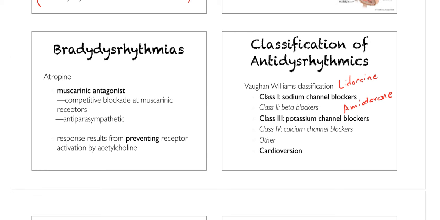They may have a run of VTAC, meaning that they have a brief couple seconds where they have VTAC, and then they convert back on their own into a normal rhythm that's more stable. So we might give for VTAC one of these medications to slow the rhythm and allow for the natural, normal sinus rhythm to take place again.